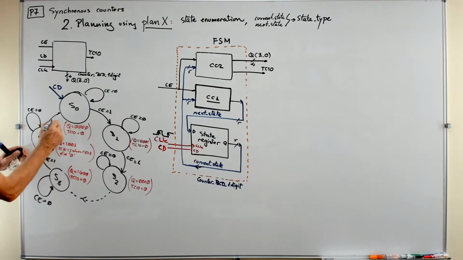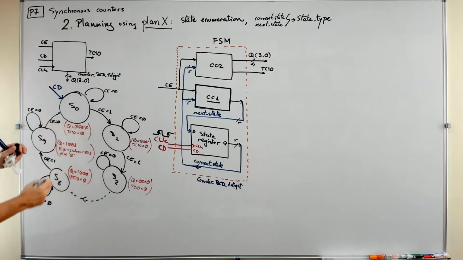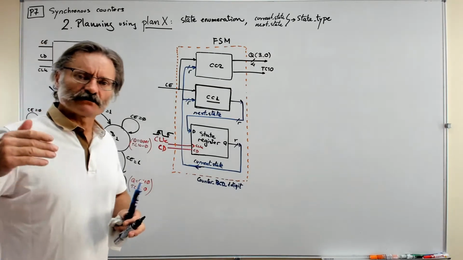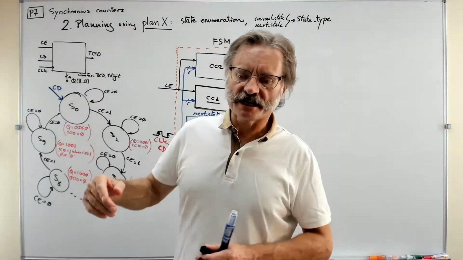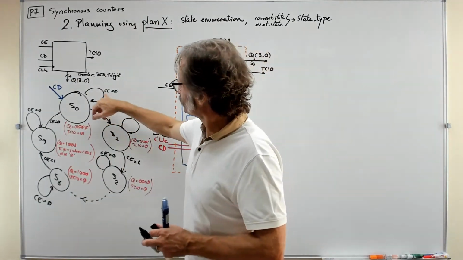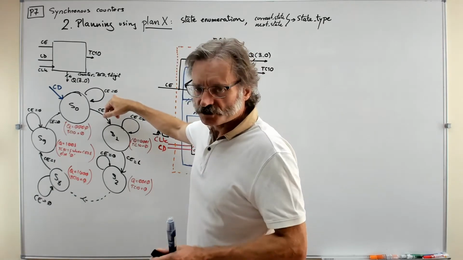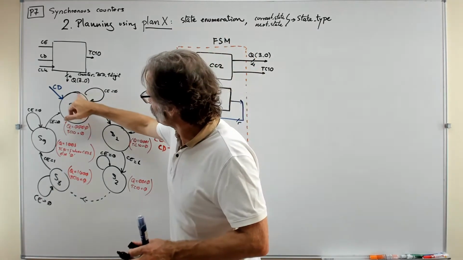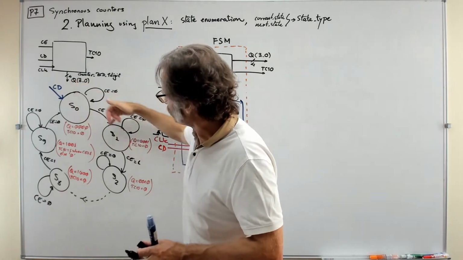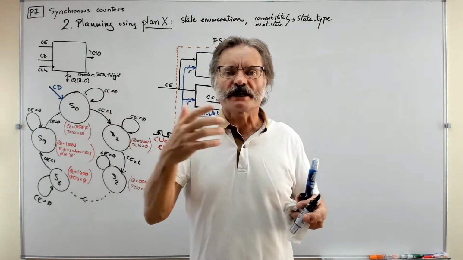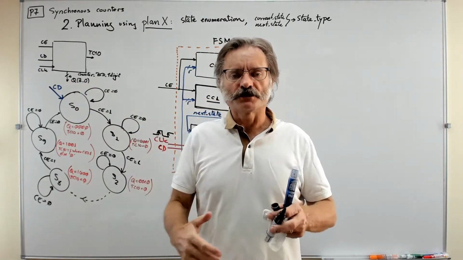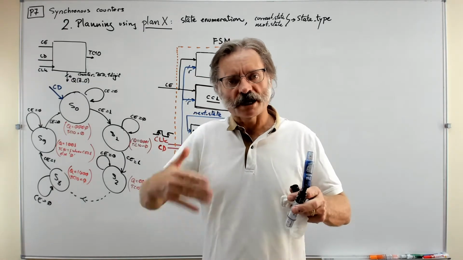So depending on the input conditions, the values that you are sampling on the rising edge from the control inputs, you can allow the system to advance from one state to the next, or keep the state in a kind of loop, you know, 0, 1, 1, 1, 1.